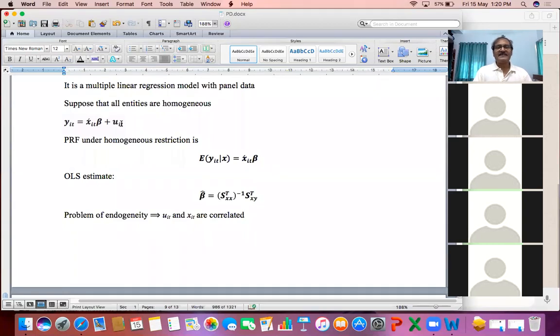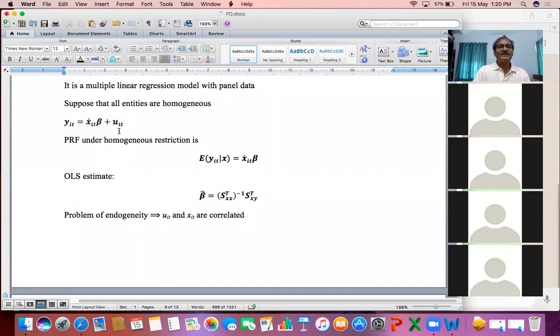The level of efficiency and intelligence are incorporated in the random error, and X is the regressor. In human capital theory, the major regressor is the level of education, which is directly related to the level of intelligence. So we can say X and U are highly correlated, and you have to face an endogeneity problem.